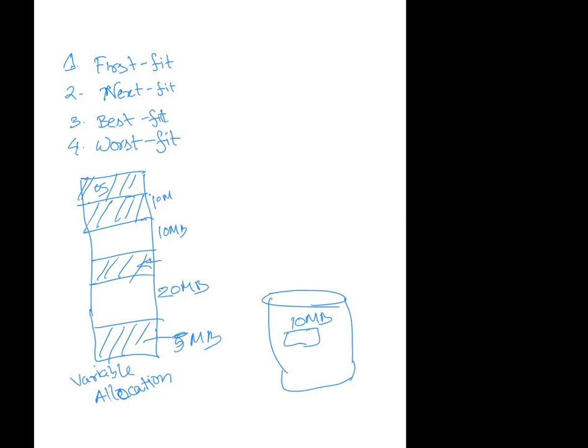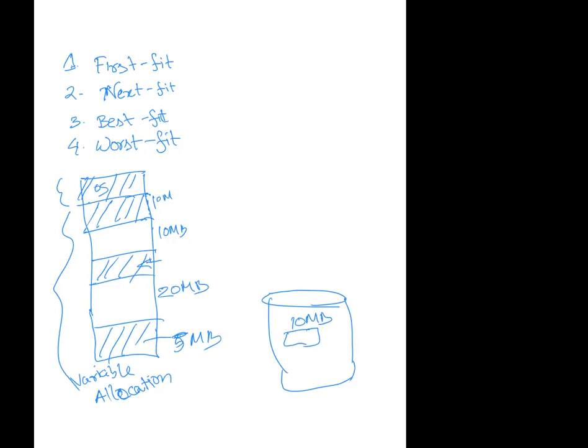Let's say this is user space, and this part is the operating system space. From the beginning of the RAM, it starts searching for a hole, and if a free space is found by the operating system that fits this 10 MB process, it just accommodates it.